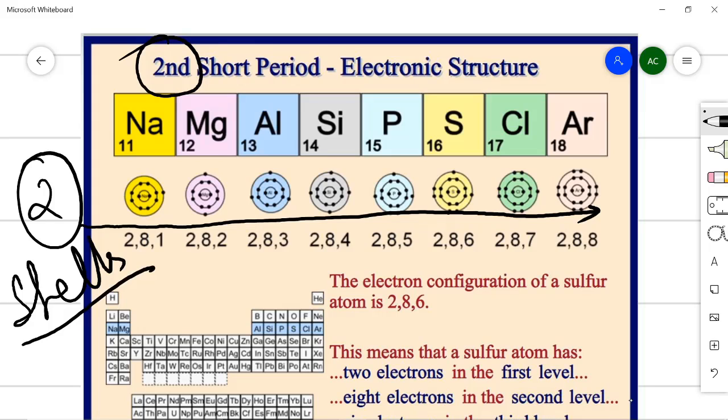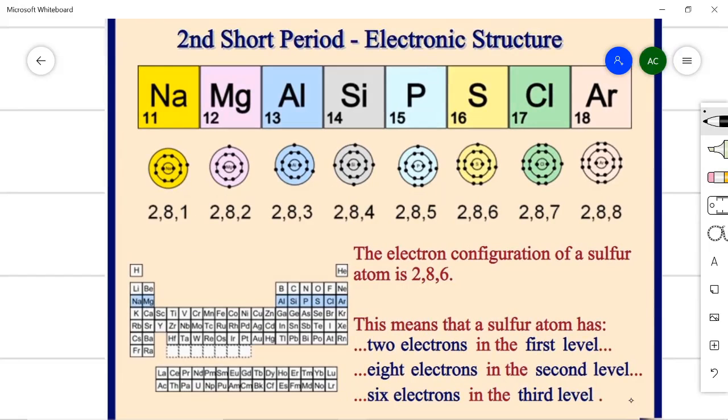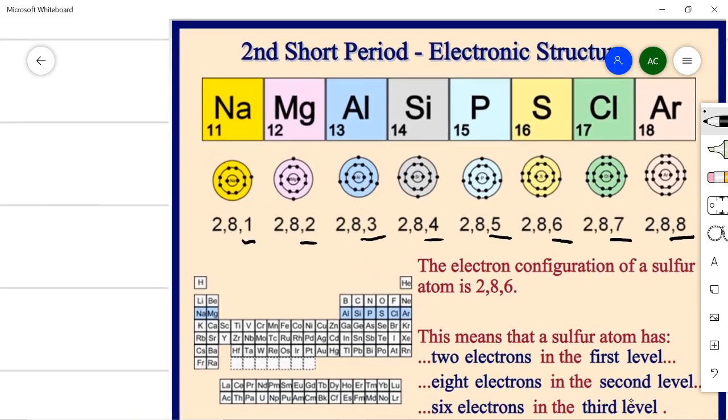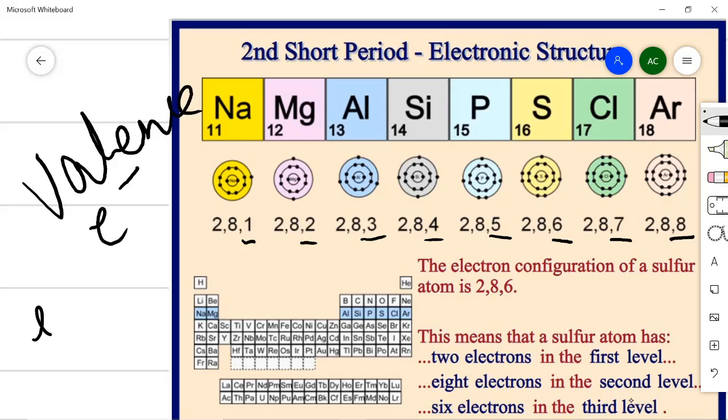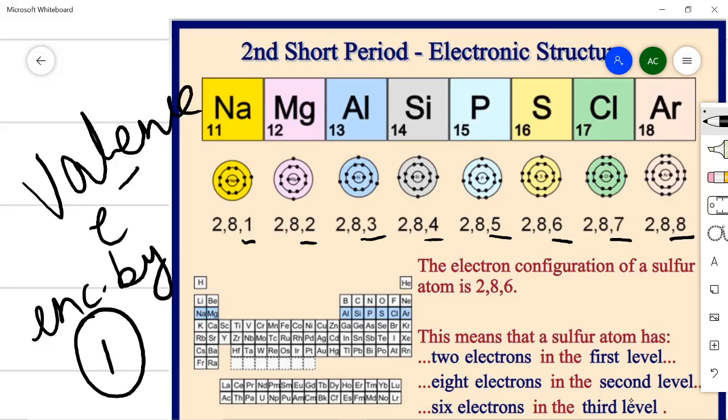So the number of shells remains the same when we move in a period from left to right. What happens to valence electrons in a period? Valence electrons are 1, then 2, then 3, then 4, then 5, then 6, then 7, then 8. So valence electrons increase by 1 when you move in a period from left to right.